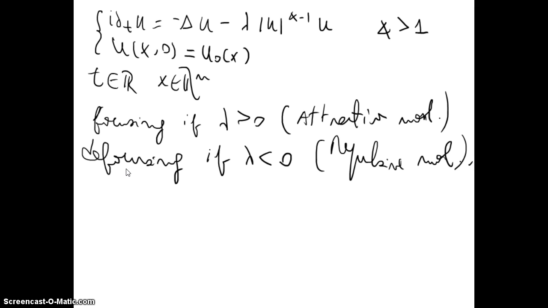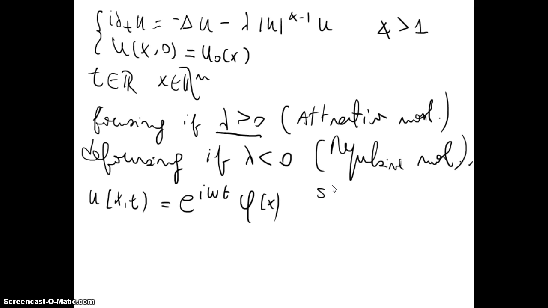Okay. In any dimension, the equation in the focusing case, lambda greater than 0, has solutions of the form u(x,t) equals e^(i omega t) phi(x). Okay. This sometimes I call standing waves or ground states.